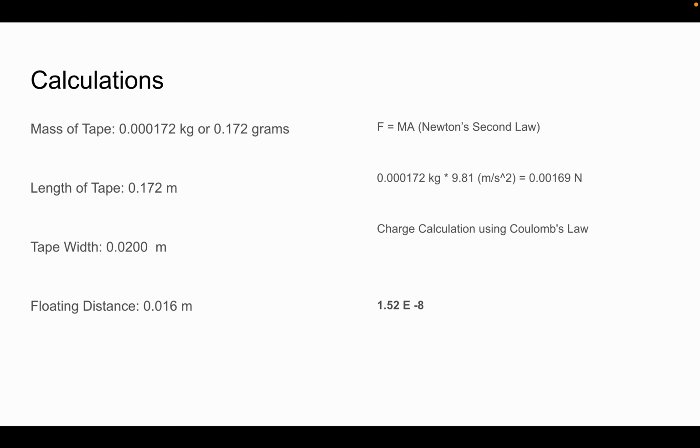Obviously, we have here the mass of the tape, and then the constant 9.81, and then the Newton's calculated force here. Now, I wasn't able to bring in the Coulomb's law charge, but here's the charge calculation using Coulomb's law, which equaled that 1.52 e to the negative 8, as we discussed prior.